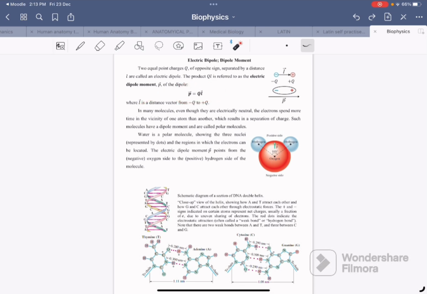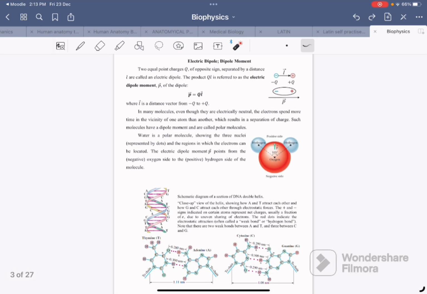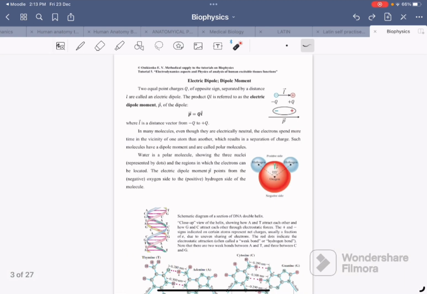I think you have noticed this in your high school standard, so we are not going to focus on it much. When we discussed physics there, if there is a negative charge and a positive charge, then the dipole moment can be considered in the axial as well as the equatorial position. I think you are familiar with it earlier.